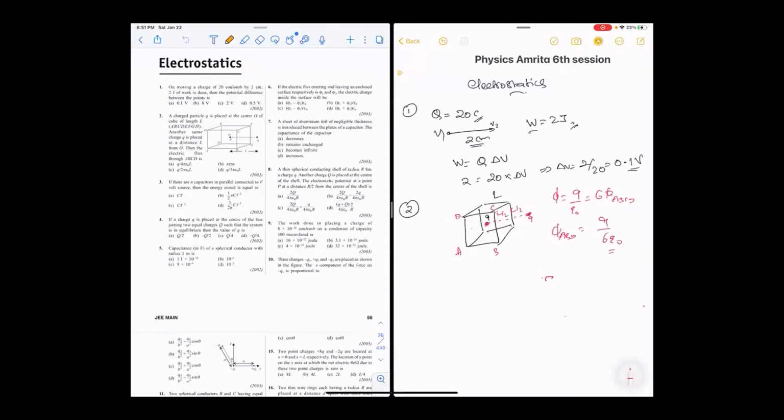But due to the q outside, if I draw a diagram, charge q is here, and the electric field lines will be going through the sides like this. So how to solve this?